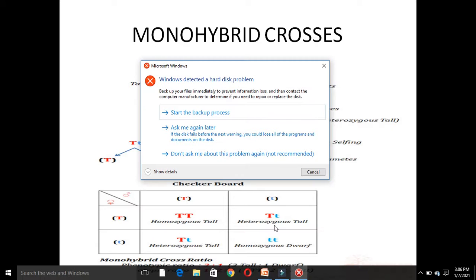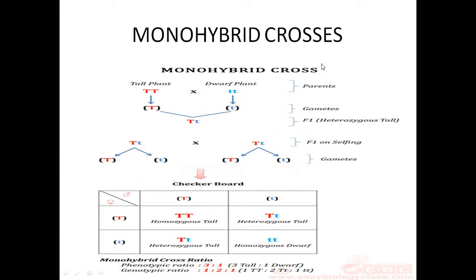The other which is not appearing, we call recessive. The character which is not expressed, we call the recessive character. The character which is expressed, we call the dominant character. When tall plants were crossed with short or dwarf plants, the offsprings in the F1 generation are tall.